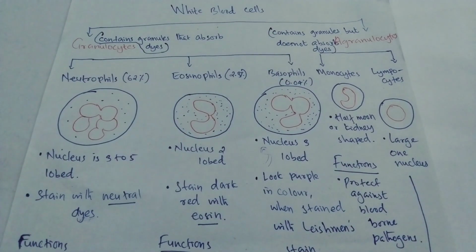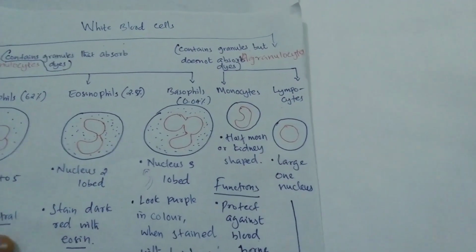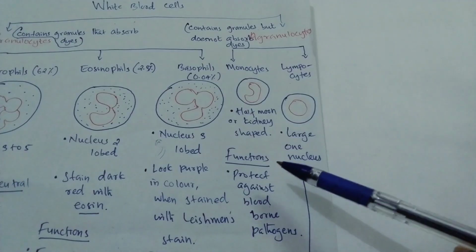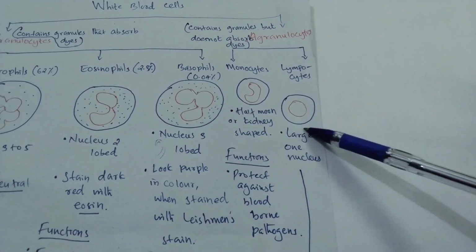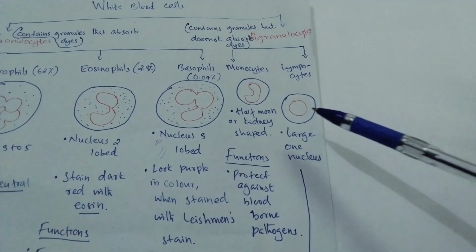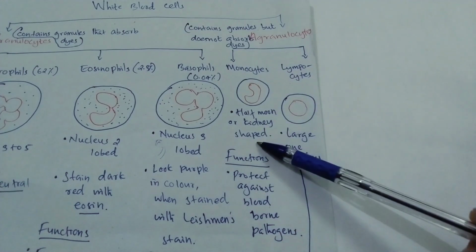So let us look at agranulocytes. Agranulocytes have two types, monocytes and lymphocytes. In monocytes the nucleus looks like a half moon, or the nucleus is kidney shaped.